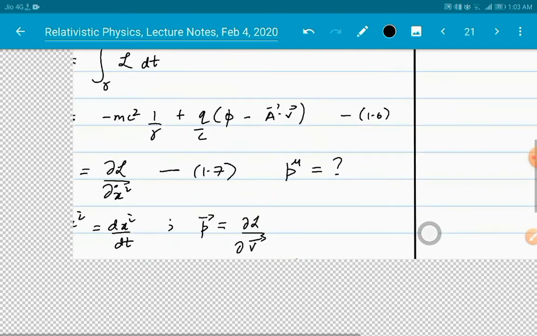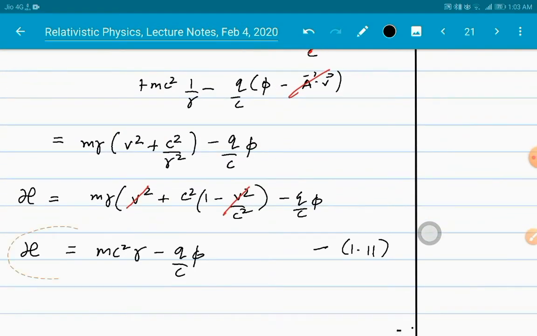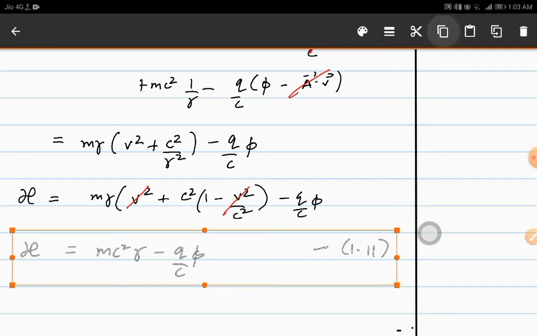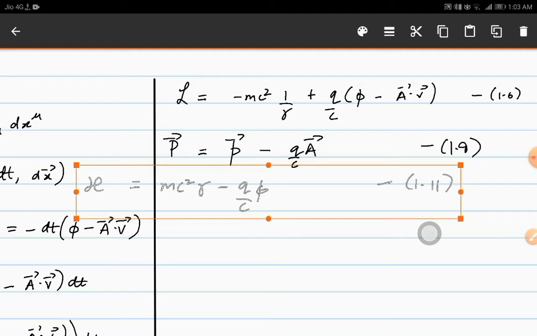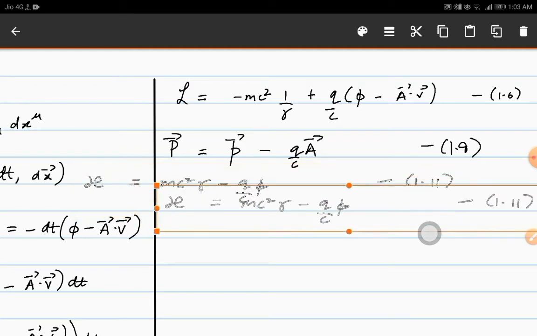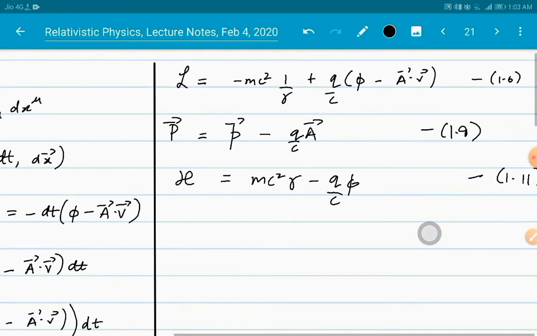And then we have the form of the Hamiltonian, which is... alright. So we have a Hamiltonian, we have a canonical momentum, we have the Lagrangian.